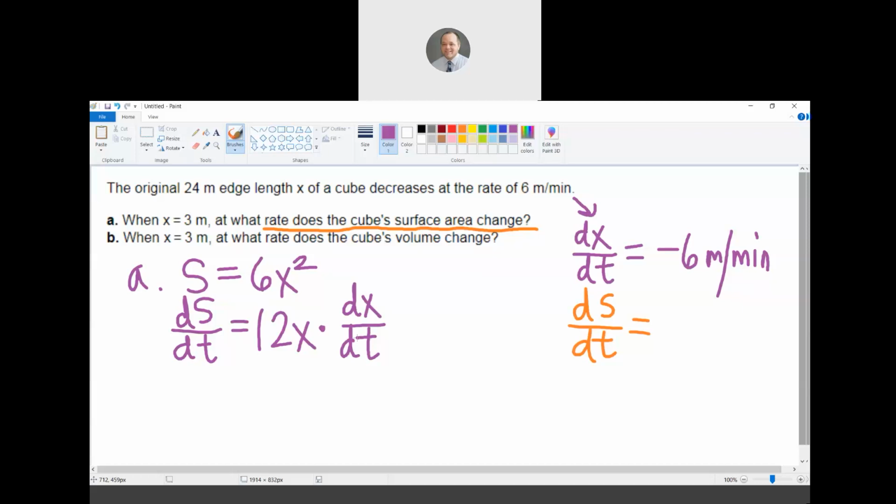We're given that x is equal to 3, so we plug that in here in place of x.